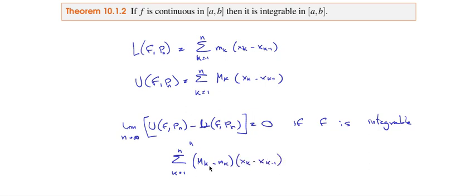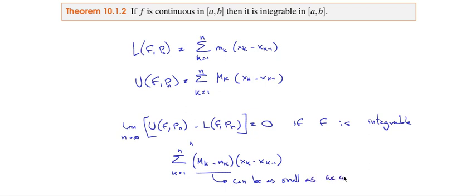Well, the idea here for a continuous function is that the difference between the maximum and the minimum can be as small as we want.